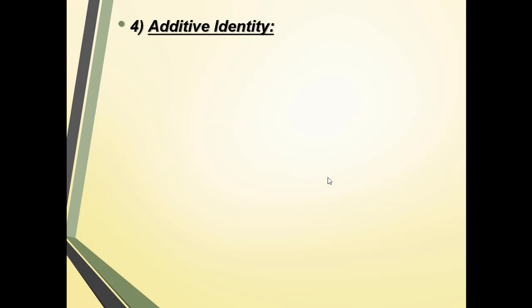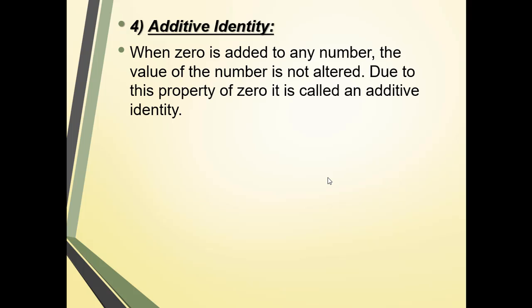Additive identity. When 0 is added to any number, the value of the number is not altered. Due to this property of 0, it is called an additive identity. For example, we have also given two examples. First example is 5 plus 0, which is equal to 5. The second example is minus 2 plus 0, which is equal to minus 2.